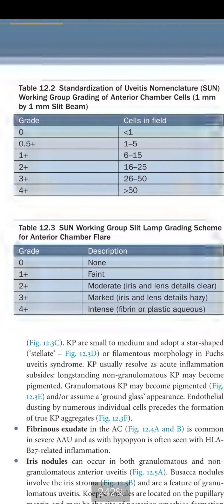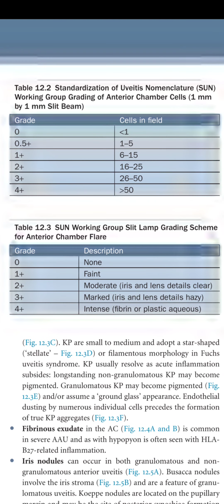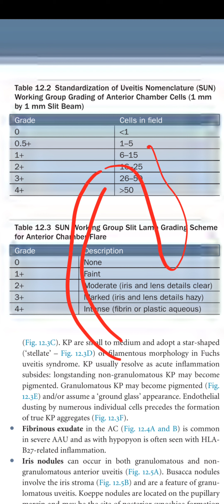So this is the table, a standardization of the Uveitis Nomenclature working group guidance. Grading of anterior chamber cells, 1 mm by 1 mm slit beam. So basically, this is the cornea, this is the iris, and between them is the AC, and you put a light on the cornea about 1 mm and 1 mm on the iris, and between them you can see the cells, and you count them.